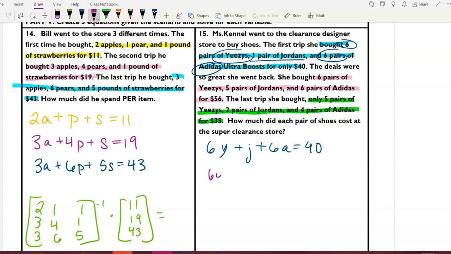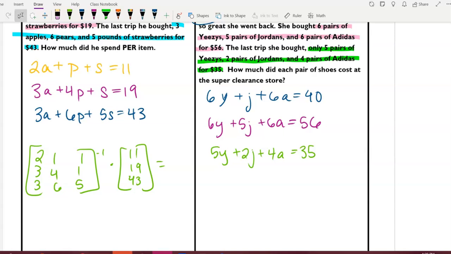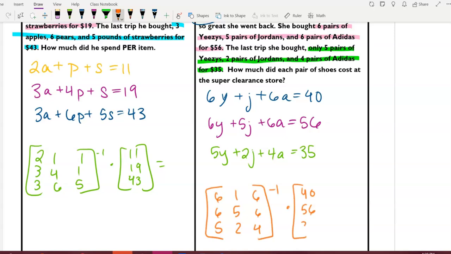Next equation, 6 Yeezys, 5 Jordans, 6 Adidas, $56. And the last one, 5 Yeezys, 2 Jordans, 4 Adidas, $35. Put that right into your matrix. 6, 6, 5, 1, 5, 2, 6, 6, 4, 40, 56, 35. There you go.